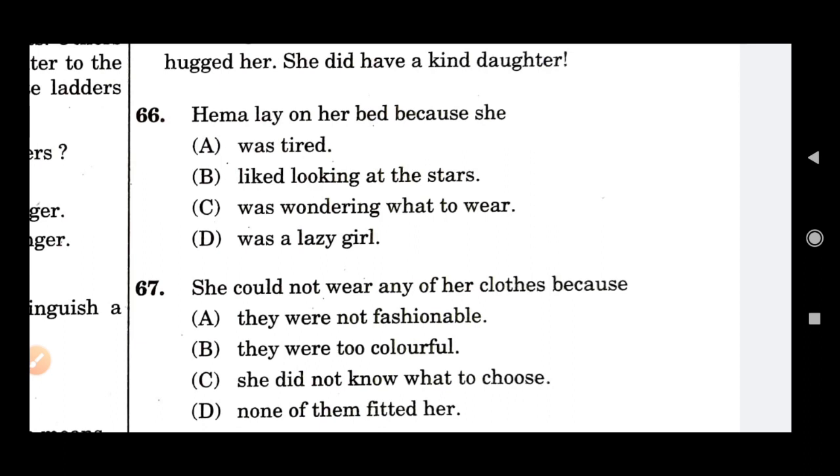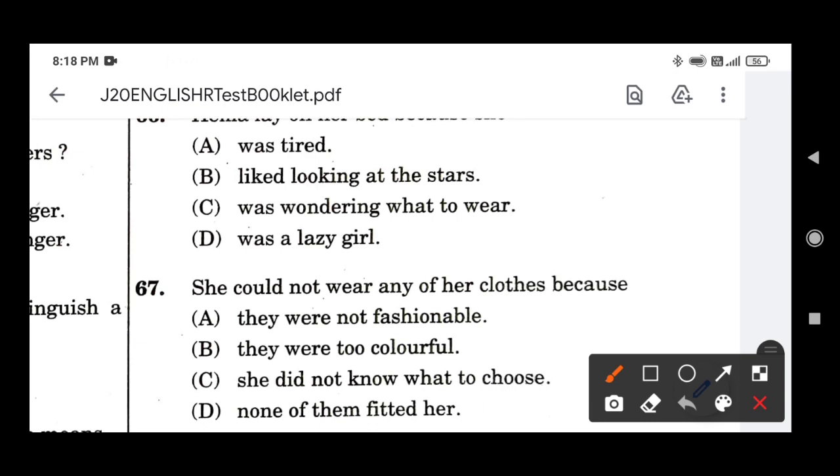Dear friends, the answer is, she was lying on the bed and she was thinking something. She was wondering what to wear. Staring means looking for a long time. So this is the answer.